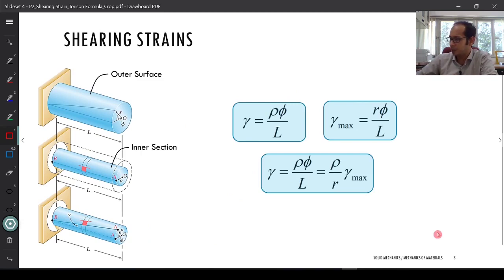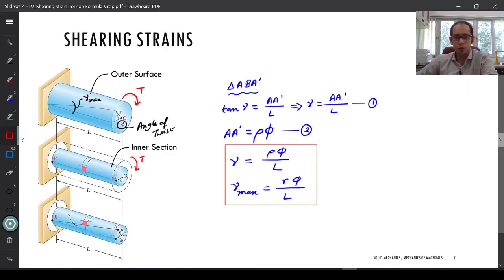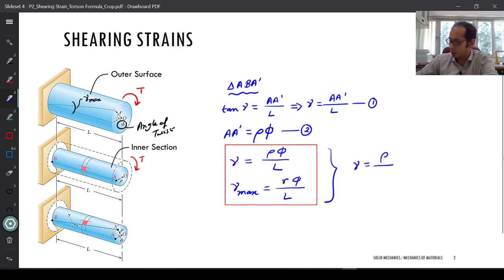Remember, in the previous page, what we saw was that gamma equals rho phi by L, and gamma max equals r phi by L. If you use these two relationships and try to establish a relationship between gamma and gamma max, if you just divide these expressions, what you essentially get is gamma equals rho divided by r times gamma max.